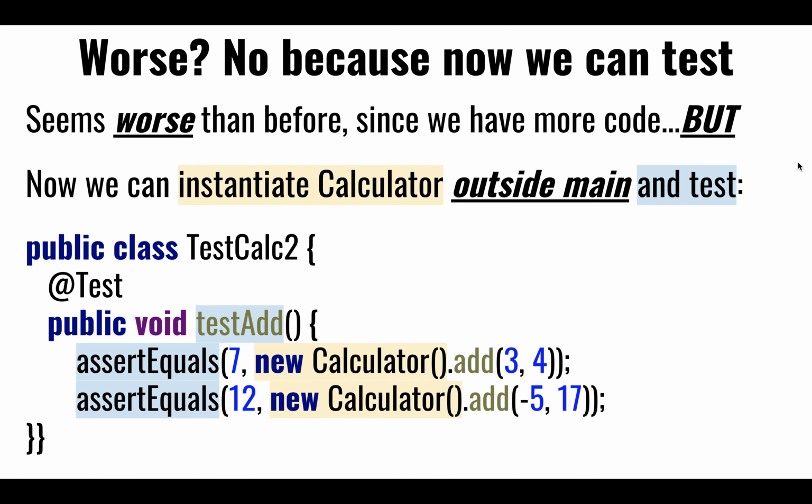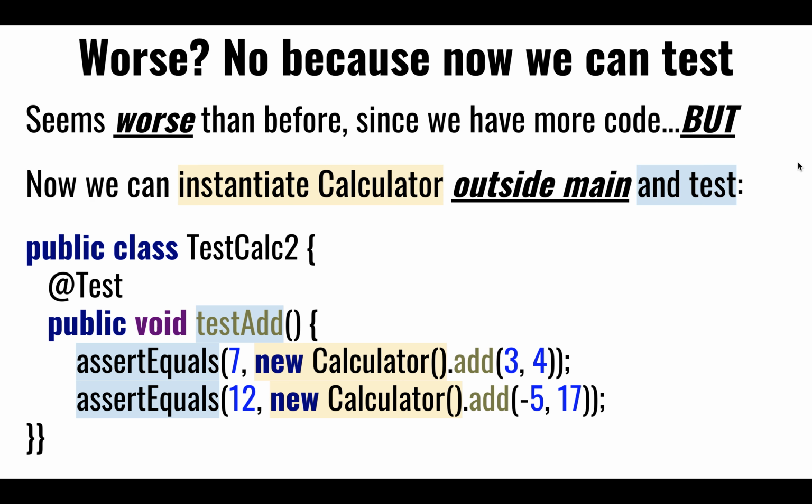Without having human interaction and passing in 3 and 4 and providing all these integers, I could, independently of a human being, test and verify that indeed 3 plus 4 is 7, and 17 minus 5 is indeed 12. Regardless of this main function, I'm no longer tied to this human having to provide data for me. Make sense?